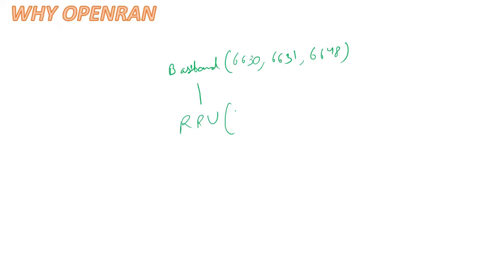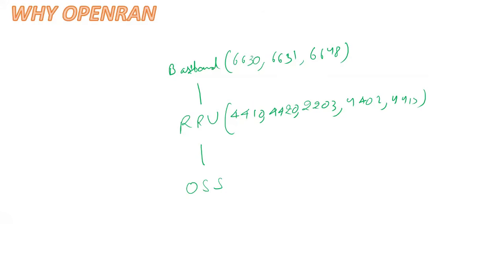It can be low power like 4410 or 4420, or for band 14 maybe 2203, or high power like 4402 or 4415. And then you have one OSS also. All these things you have to buy from Ericsson. You can't do it like this: baseband of Nokia, RRU of Ericsson, OSS of Huawei. You can't do this at this point of time.